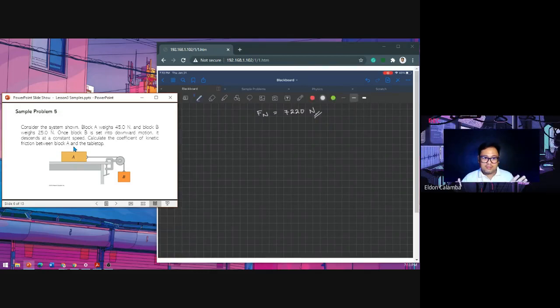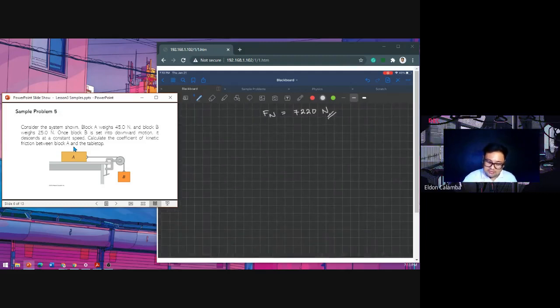So one system, two boxes. So let's have the free body diagram of A. Yan. So X and Y. So you have the normal force.